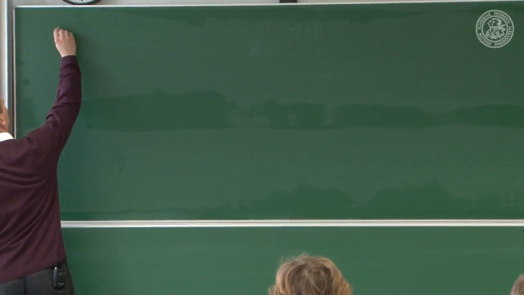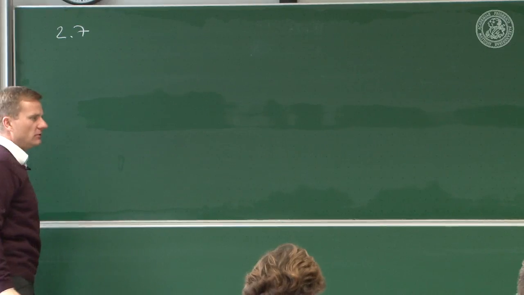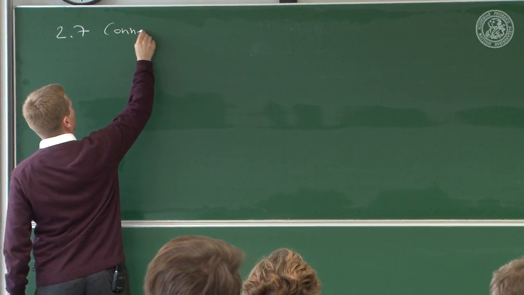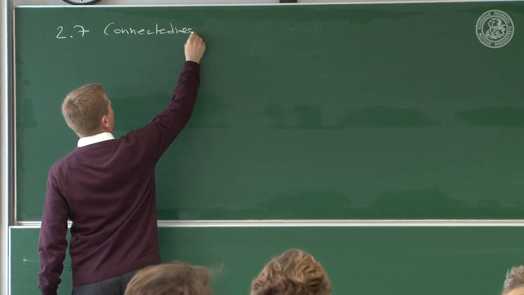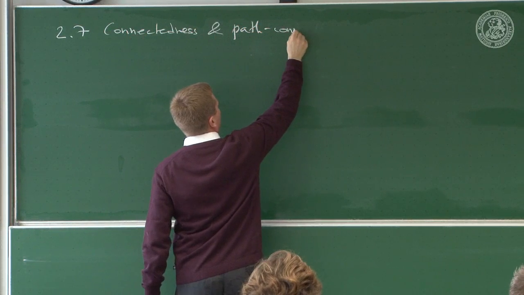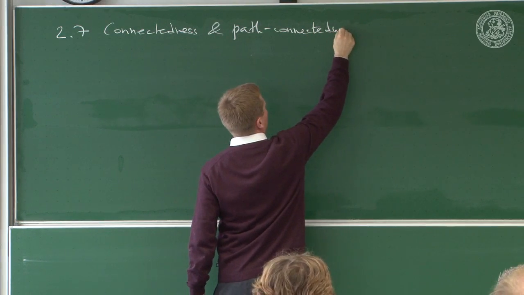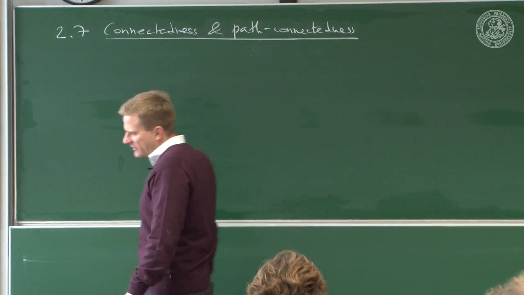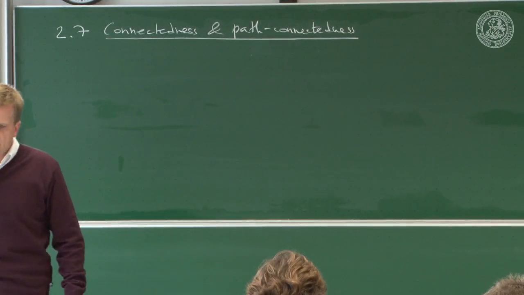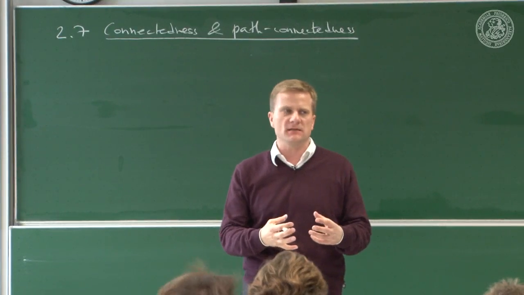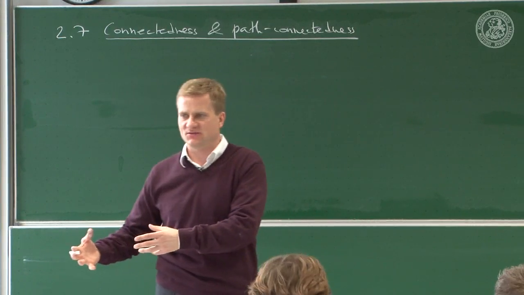So the next two topological notions we're going to look at are connectedness and path connectedness. They're very useful indeed because they tell us whether a space consists of one piece or several pieces.